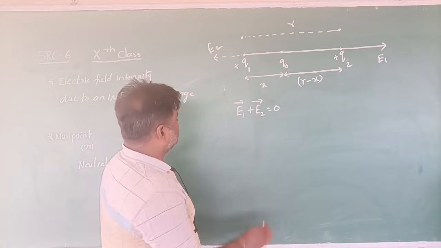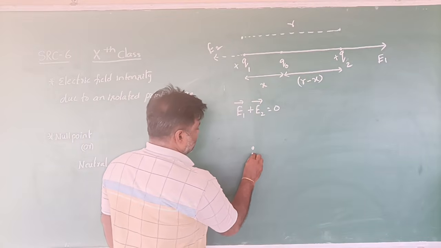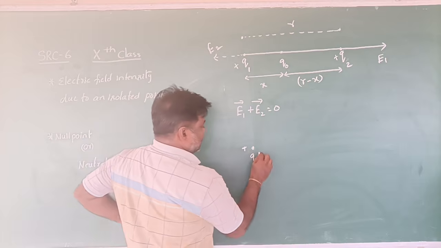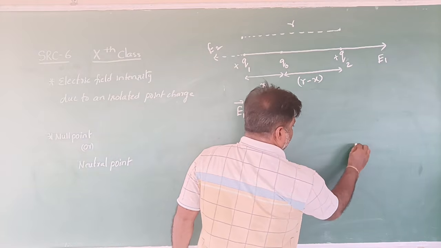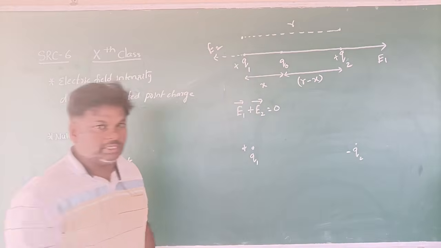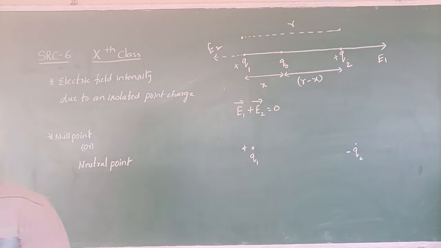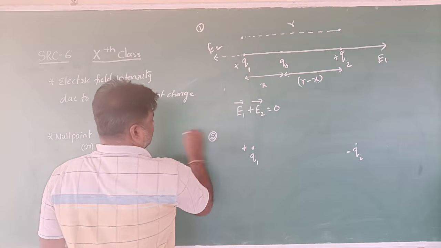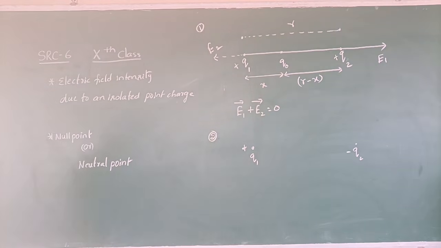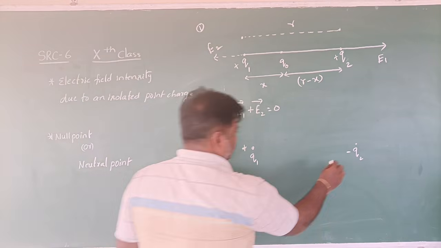Now, suppose Q1 is a positive charge and Q2 is a negative charge. In the previous case, both were positive charges, and here one is positive and the other is negative. Q0 is a test charge placed on either side of this one; you can take it on this side.